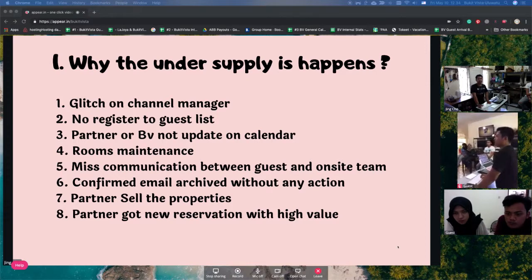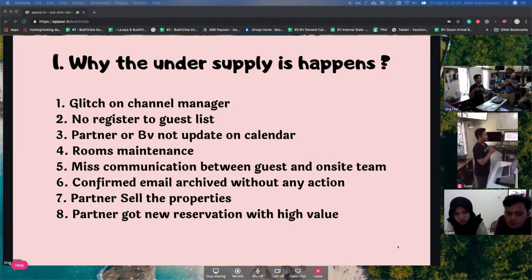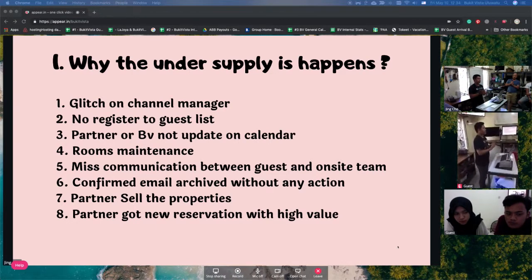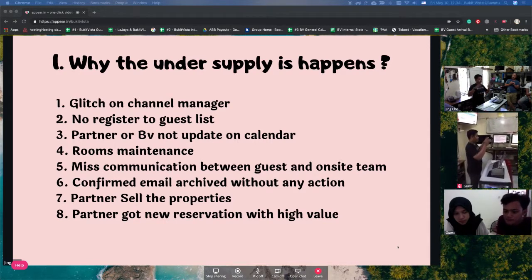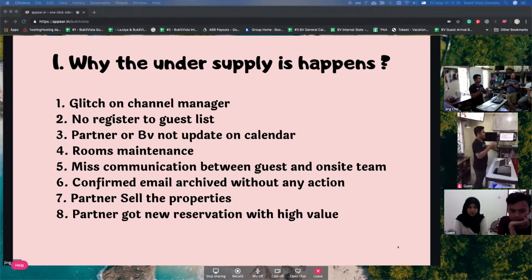And then the sixth is a confirmation email or type without any action. I found some issues from this. Before, at Uluwatu Cottage, there was a confirmation email already confirmed 1 year ago, before I joined the team. At the last minute, the guests came to Uluwatu Cottage, and the team called me: is there a confirmation for this guest from BV? We are fully booked. I tried to find the reservation but could not find the name.